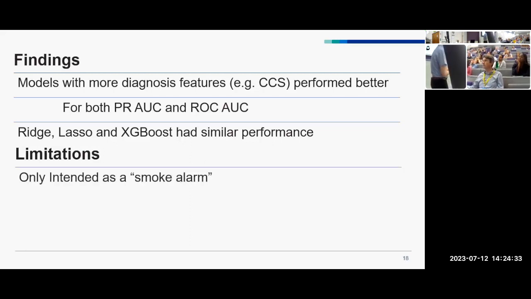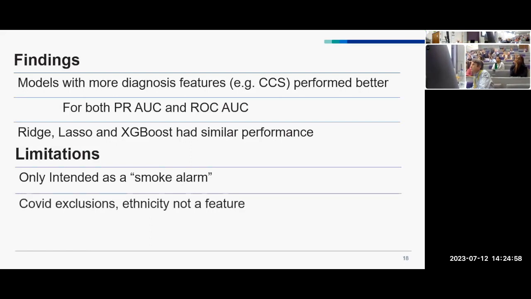Now, limitations. I think limitations are really important because every model needs to be interpreted within the remit of its limitations. SHMI is only intended as a smoke alarm, and therefore this work should also be interpreted in that way. It's simply a model, not the reality.